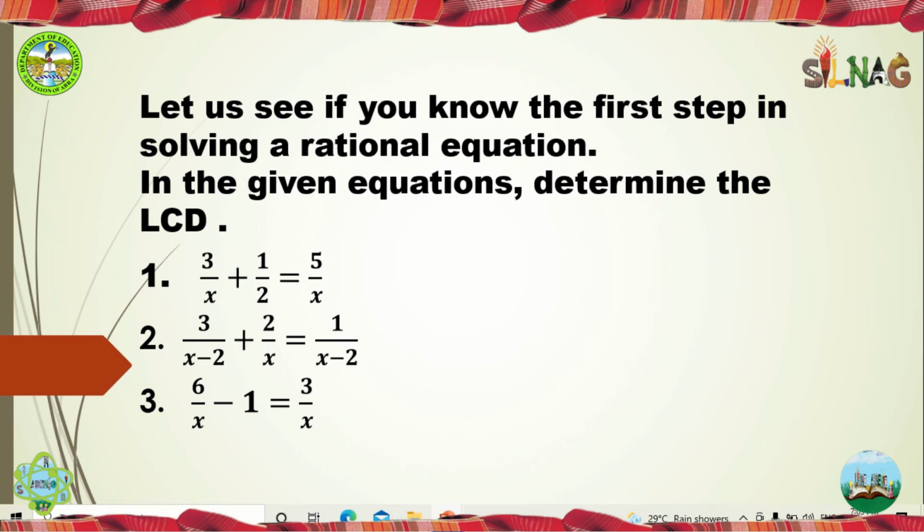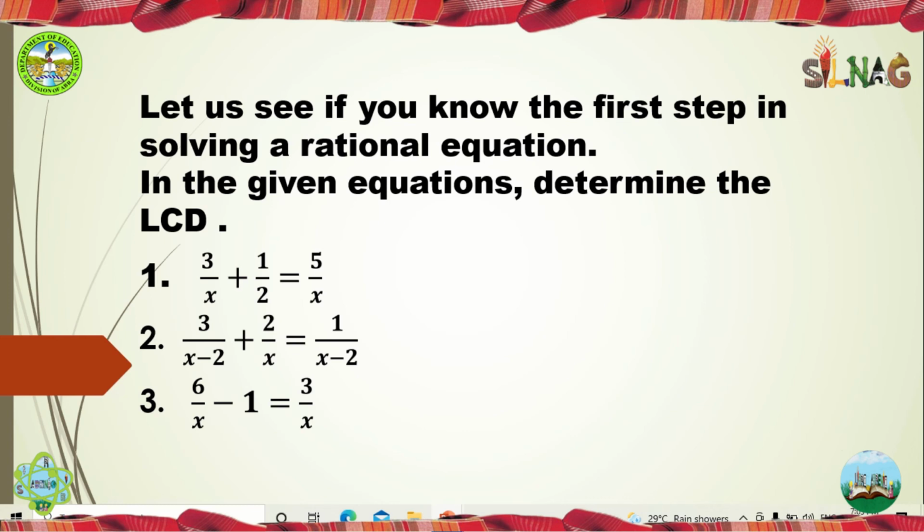Let us see if you know the first step in solving a rational equation. In the given equations, determine the LCD. Number 1, 3 over x plus 1/2 is equal to 5 over x. Number 2, 3 over x minus 2 plus 2 over x is equal to 1 over x minus 2.